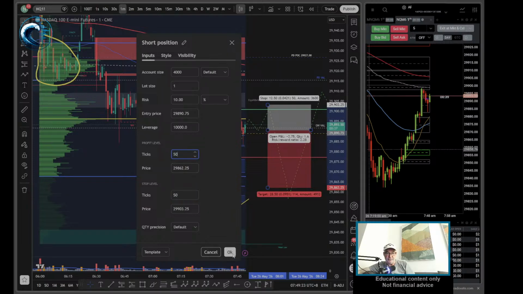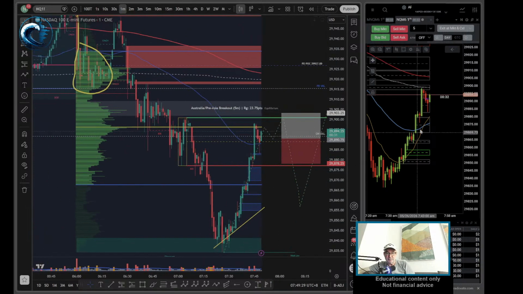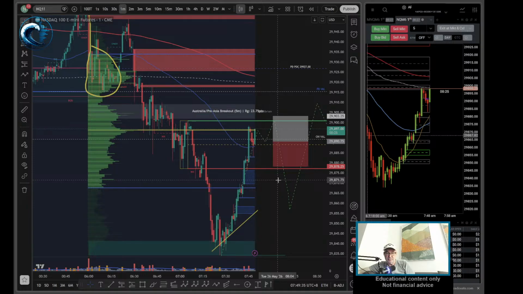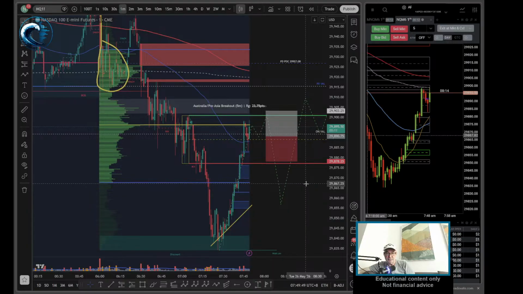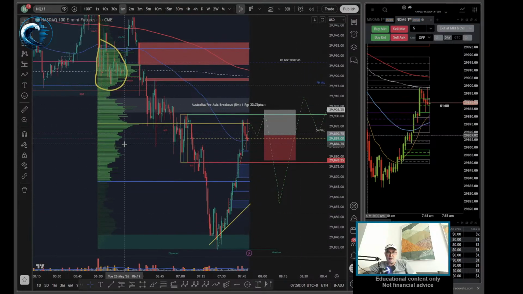It's just taking profit. Alright, so what are we going to do here? So the developing POC has moved up slightly. So that's what I was explaining earlier. What's on my chart?